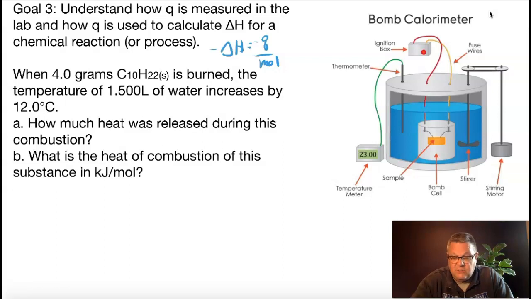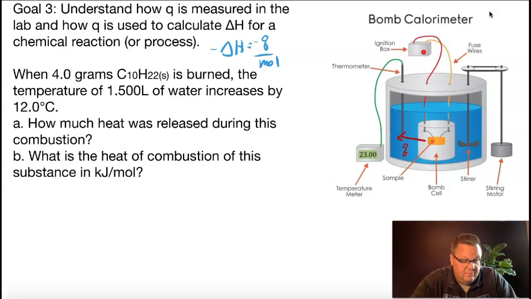And when you hit the ignition button, that solid C10H22 ignites, it burns, it releases heat. So the burning C10H22 is my system, and the water is the surroundings. All right, and what we're seeing here is Q. Heat is flowing out of the system into the surroundings. And the reason I know that that's true is the temperature of the water goes up, all right?